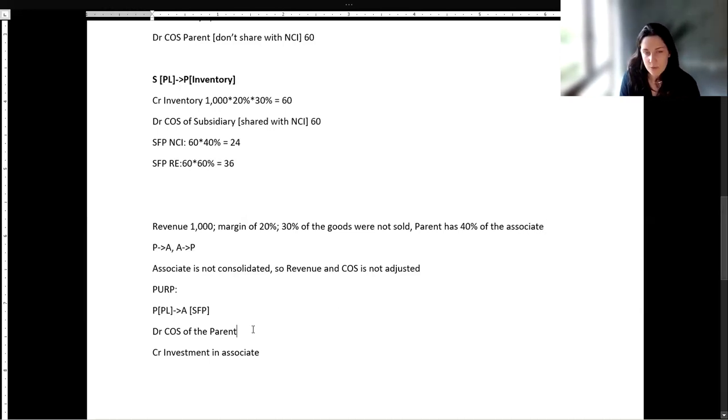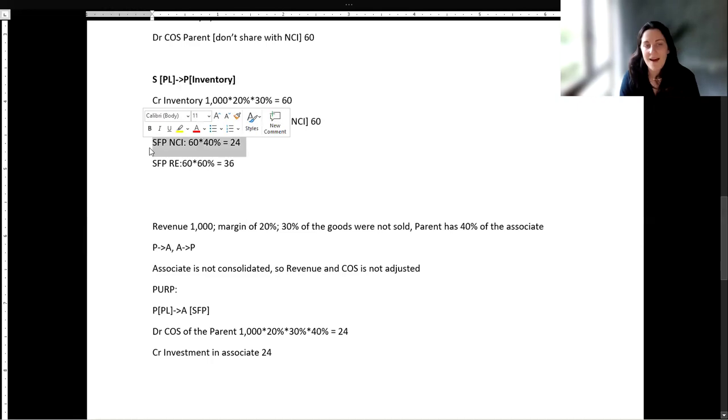So in this case, when we are going to make the calculation, we are going to take 1,000 multiplied by 20%, multiplied by 30% to account for whatever was not sold, and then multiplied by the share. So the adjustment will be made just for $24. And the same idea for credit, obviously. So see, the same as was adjusted for NCI in this case.